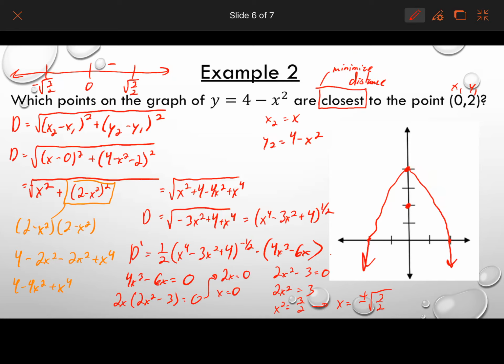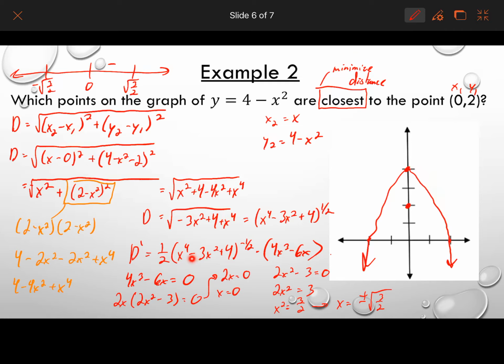Now let's test 2, since remember, this is 1.22. So let's see if we can do some quick math here. This actually ends up always being positive, so you don't have to worry about it, but you can do it. 2 to the 4th is 16.